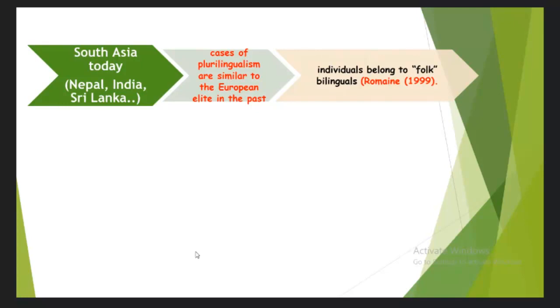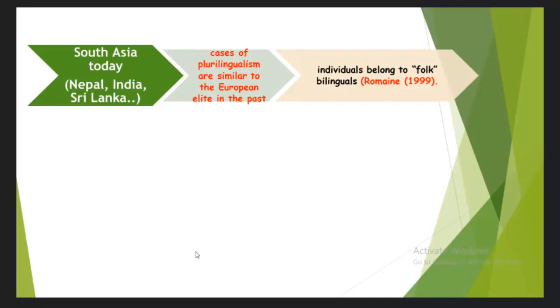The difference is that elite bilingualism refers to the trademark of upper class, intellectual or educated people in the society, who have a need for mastering another language, and they choose the language that they learn, right?